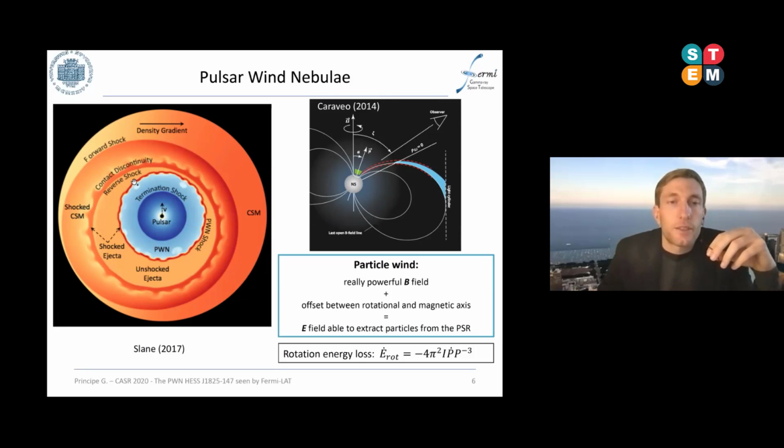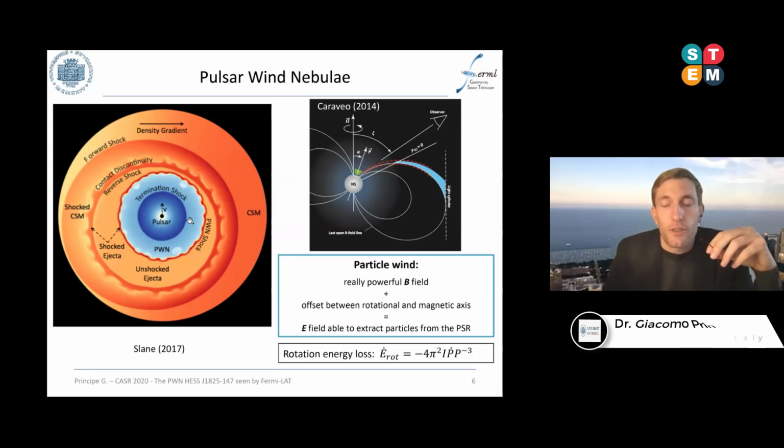When they start to interact with the interstellar medium, so the environment around the nebula, they start also to have this shock, and they could again accelerate inside those shocks.